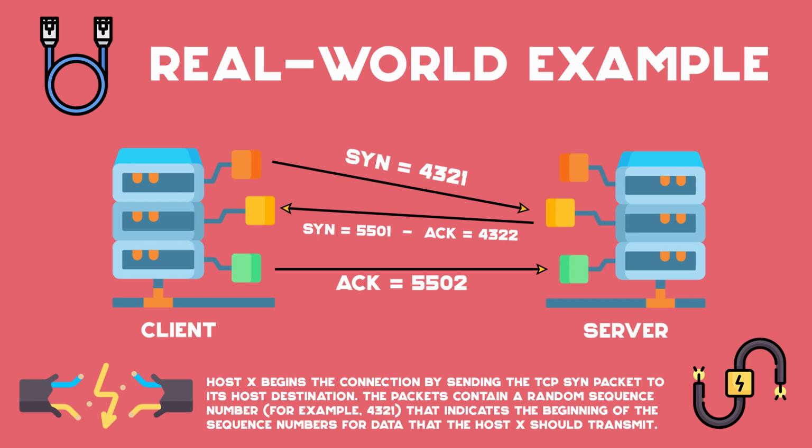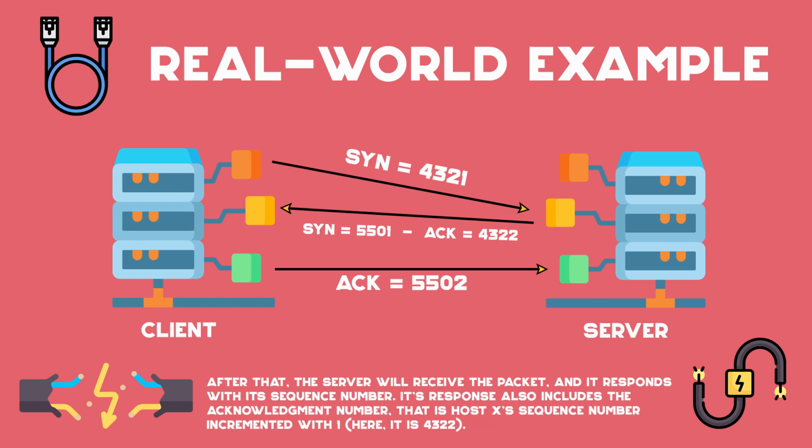Suppose we have a host X that begins the connection by sending a TCP SYN packet to its destination host. The packet contains a random sequence number, for example 4321, that indicates the beginning of the sequence numbers for the data that host X will transmit. After that, the server receives the packet and responds with its own sequence number.